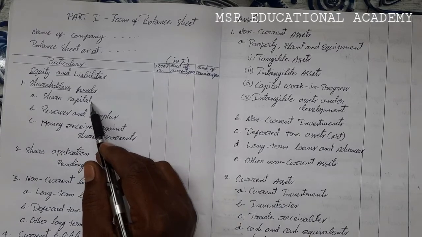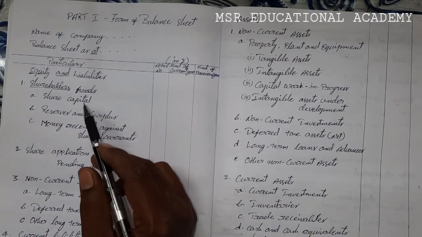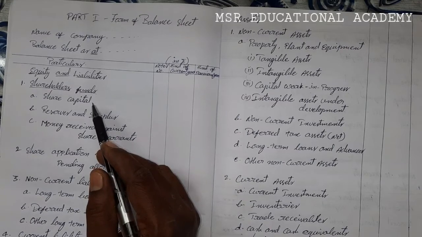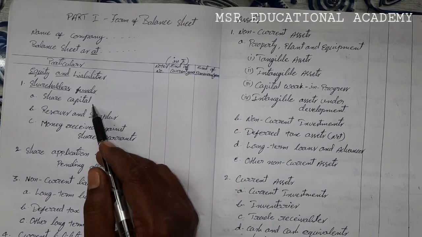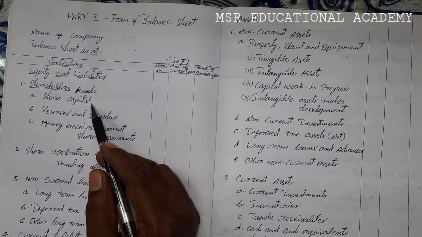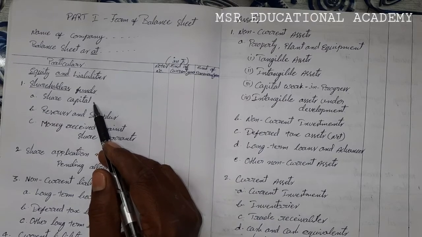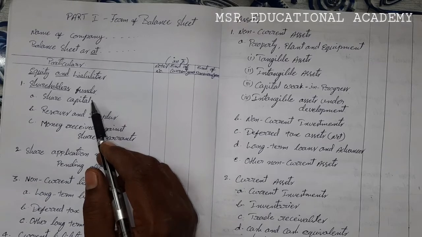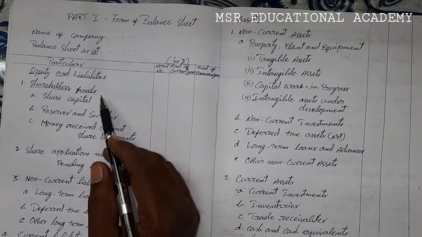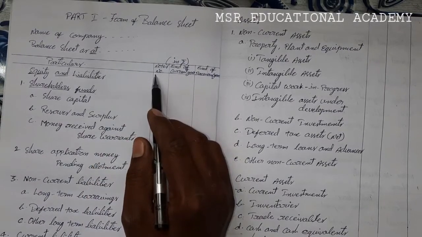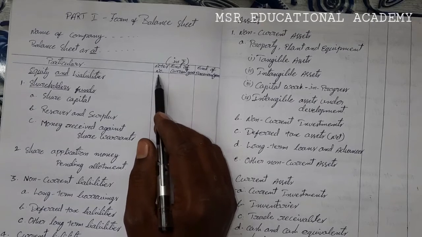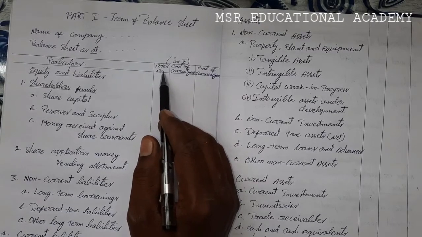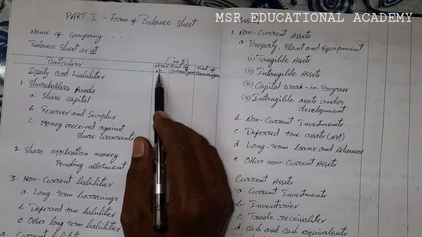For example, share capital. Under share capital there is preferential share capital and equity share capital. To show the equity and preferential share capital, we should prepare notes to accounts. That is the notes number here. That is a working note; here the working note we call as notes number.